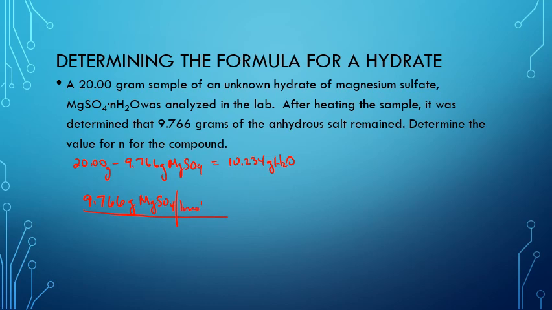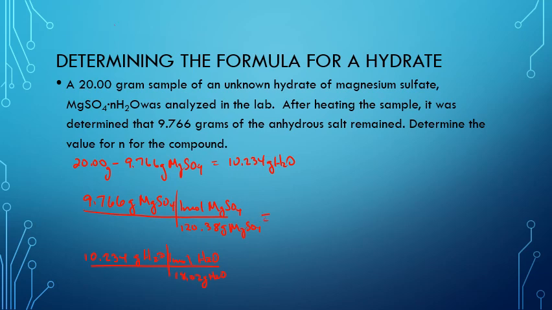One mole of magnesium sulfate is 120.38 grams. And then I'm also going to take 10.234 for my grams of water and convert that into moles as well. One mole of water is 18.02 grams.